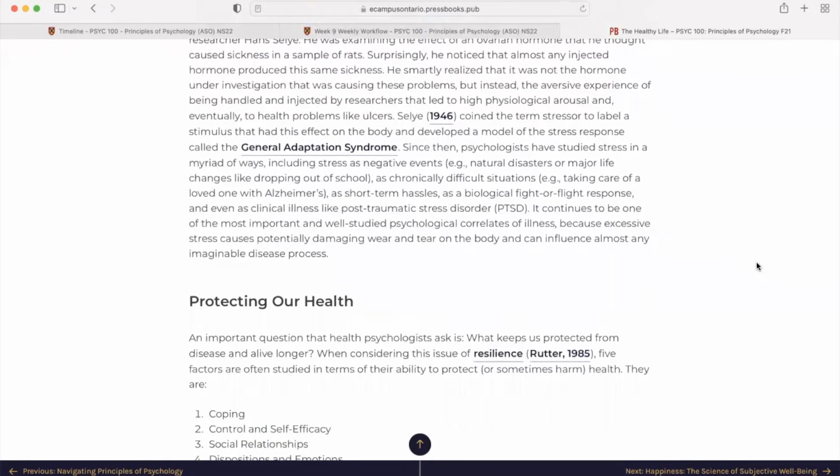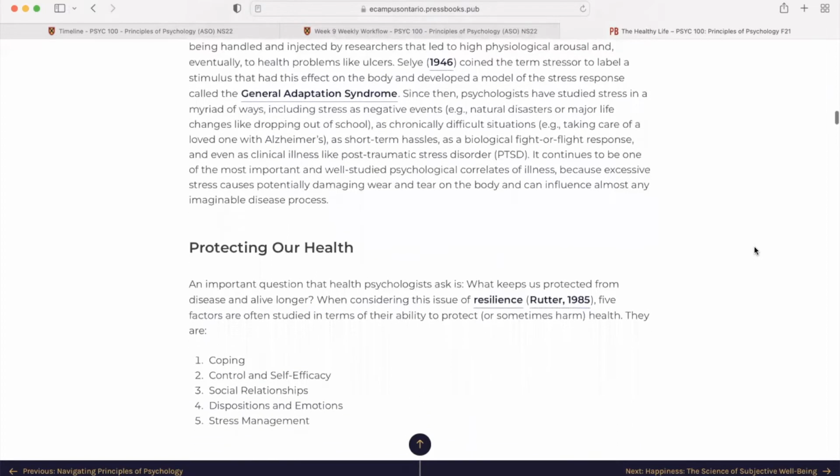He smartly realized that it was not the hormone under investigation that was causing these problems, but instead the adverse experience of being handled and injected by researchers that led to high physiological arousal and eventually to health problems like ulcers. Selye coined the term stressor to label a stimulus that had this effect on the body and developed a model of the stress response called general adaptation syndrome.